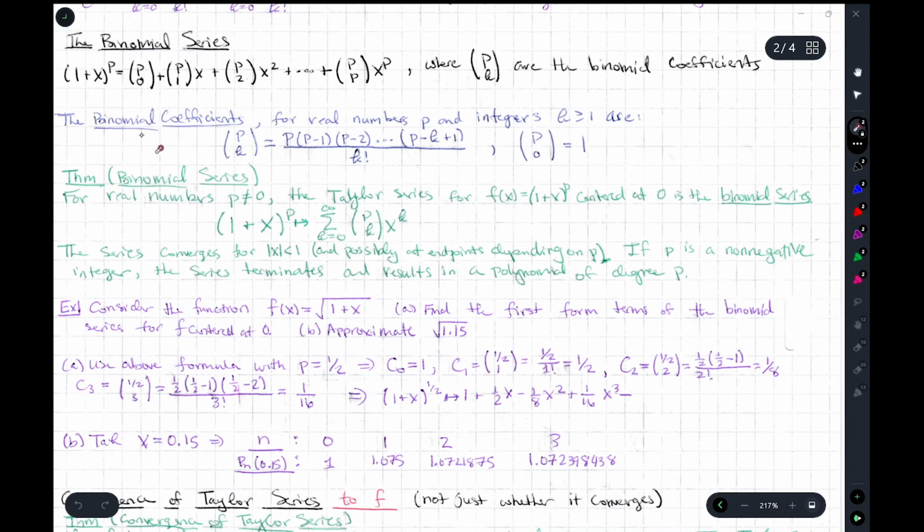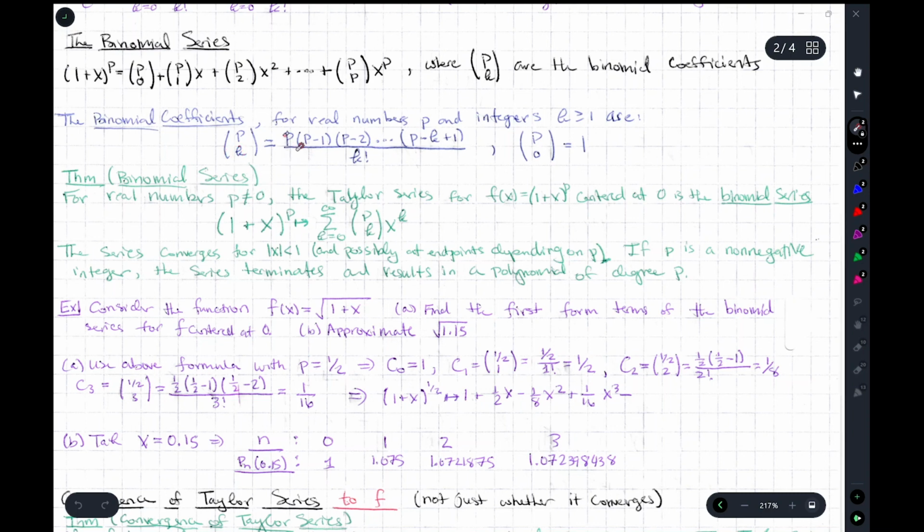But we do get terms like this. And what are those? Those are binomial coefficients, and they're defined for any real number p and integer k greater than or equal to 1.